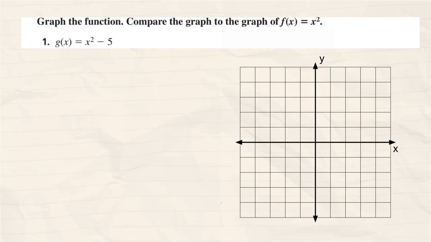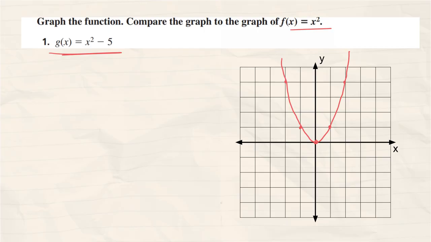Here we compare the graph again to the parent function, correct? So I'm going to graph right away my parent, which is still the same, okay? Now based on the function given, I am not going to have a vertical stretch or shrink because A is just 1, correct?